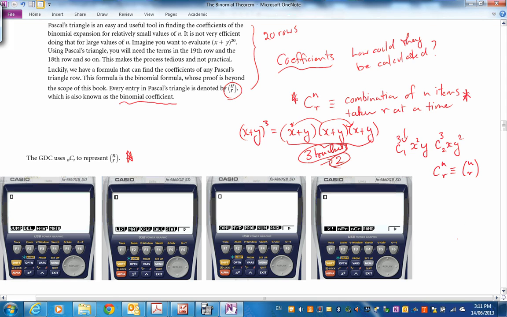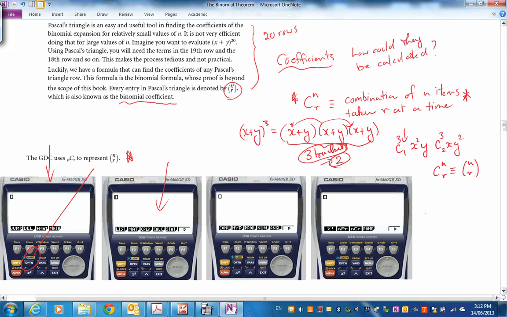So I want to show you now how to use the Casio in doing this. If you go to run mode, you'd have this window here, and if you then hit options, okay, so the option key is here, hit options, and you get this window.